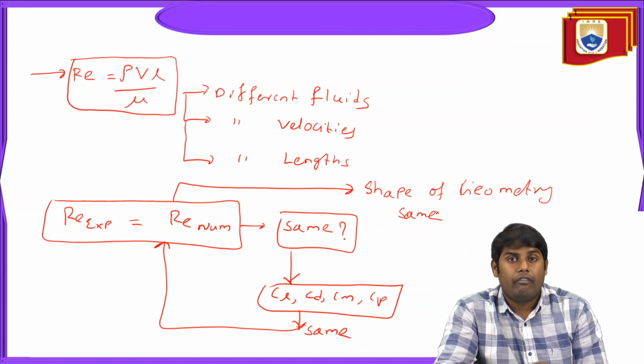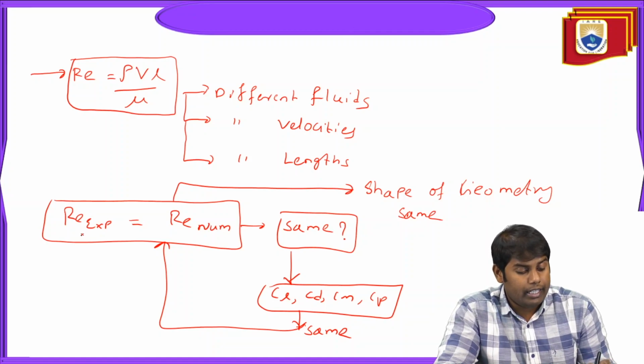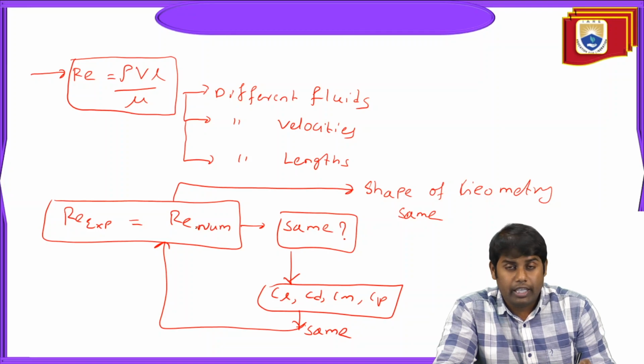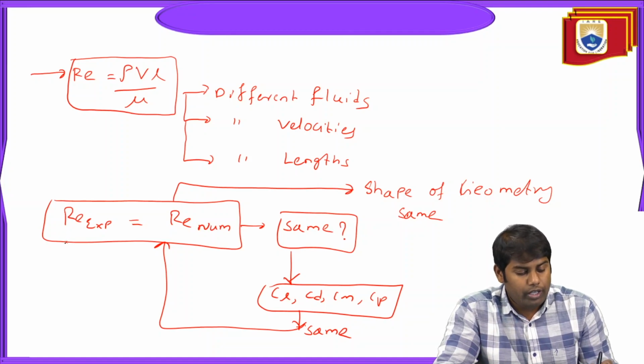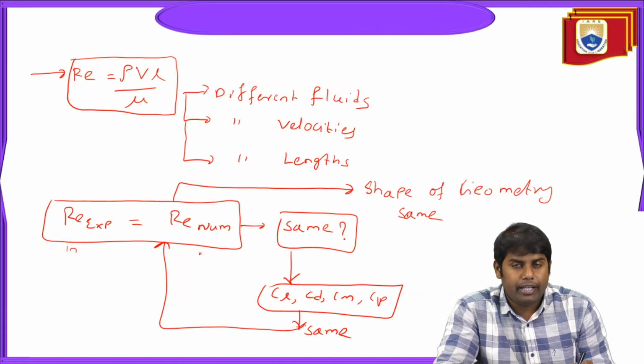Shape in the sense that when you take a cylinder, it should be a cylinder. When you take an airfoil, it should be an airfoil, so when you are comparing the experimental result for an airfoil, the other should also be an airfoil. When you take a flat plate, it should be a flat plate. The size can be different. If you take 1 meter, it can be 10, 20, or 100 meters also.